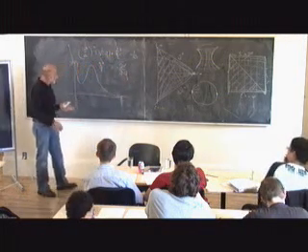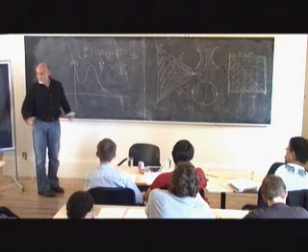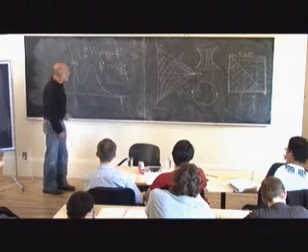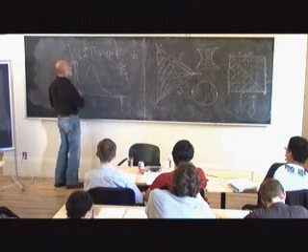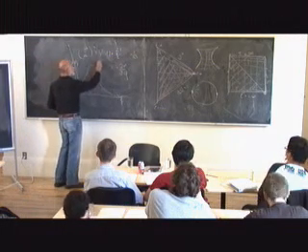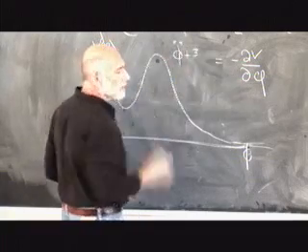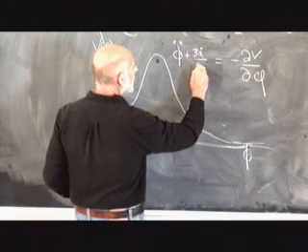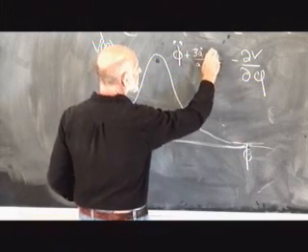There's another term which is there because of the expansion, because a is changing with time. That other term is 3, the dimension of space, times a dot over a times phi dot.